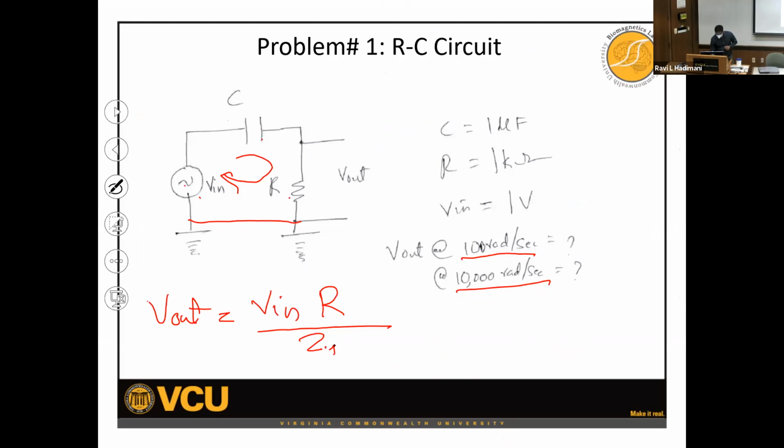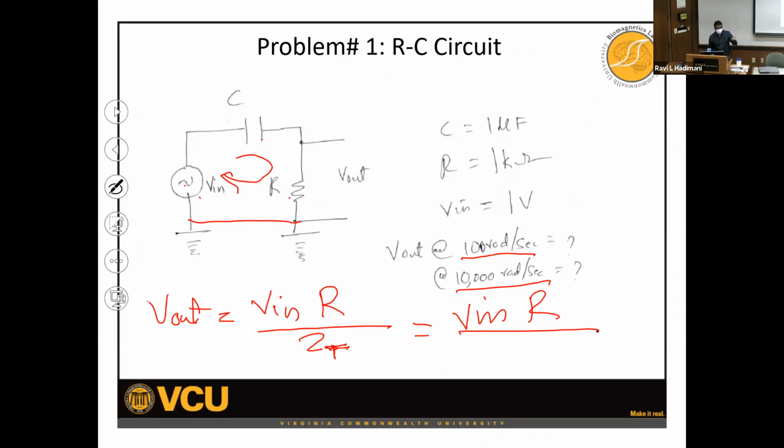So this is Z total. So Z total, what do we have? That is the total impedance. V in into R divided by... Do you remember what is ZC, the impedance of the capacitor?